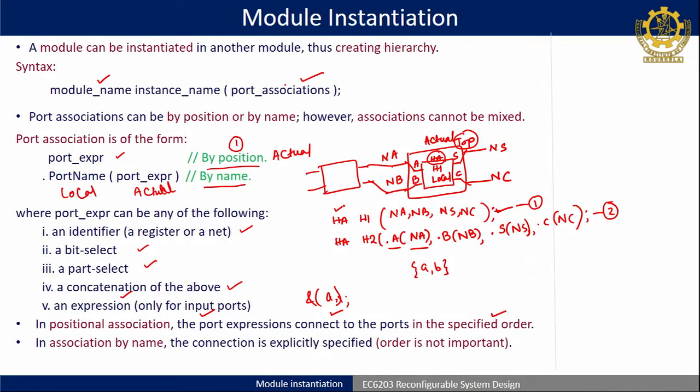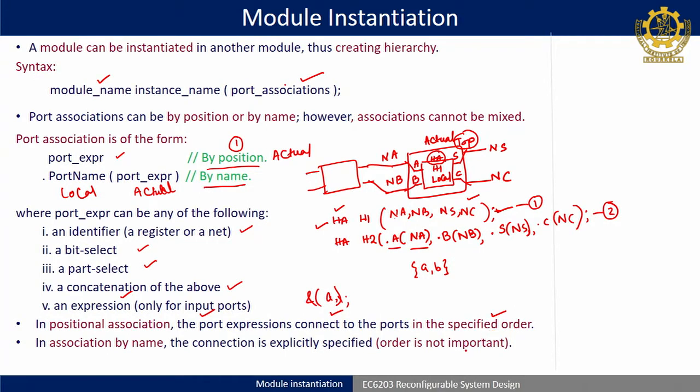While defining, in this case half adder, I have defined module A comma B comma S comma C. In that order only this will be connected. Initially I have defined A, so A will connect to NA, then B to NB, then S to NS and C to NC. So in the positional case you have to maintain the order properly.